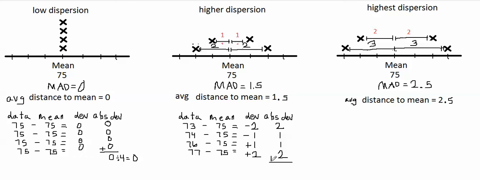We calculate the mean of them by adding them and then dividing the total by 4, because there's 4 numbers in the column. 1, 2, 3, 4. And the answer comes out to 1.5.